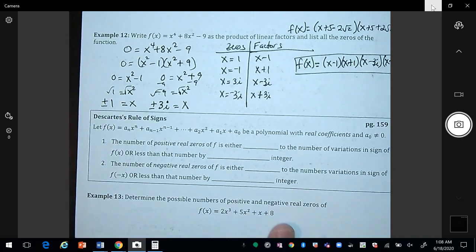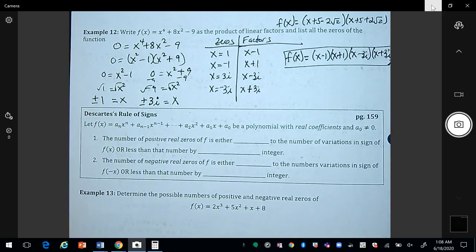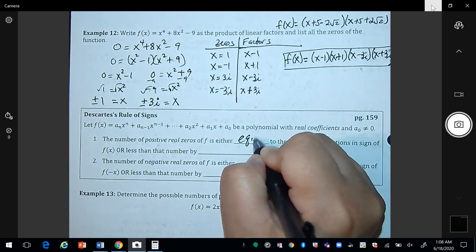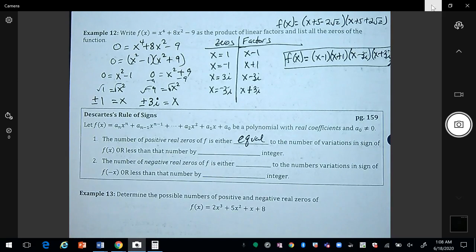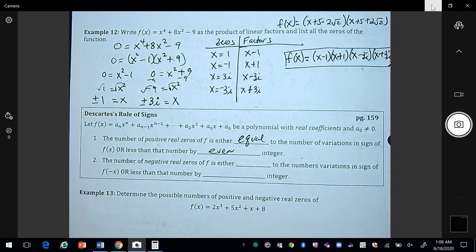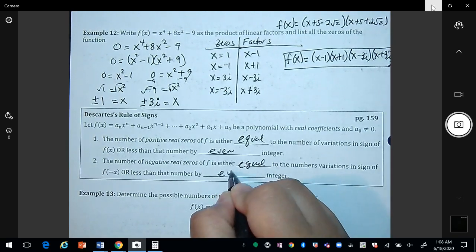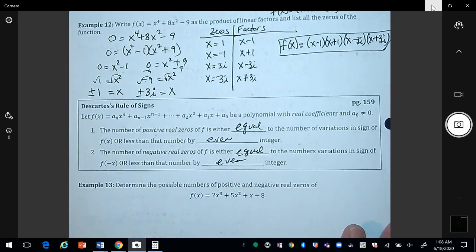Okay, and the last theorem here: the number of positive real zeros of f is either equal to the number of variations in sign of f of x or less than that number by an even integer. And the number of negative real zeros of f is either equal to that number or less than it by an even integer. So what does this mean?